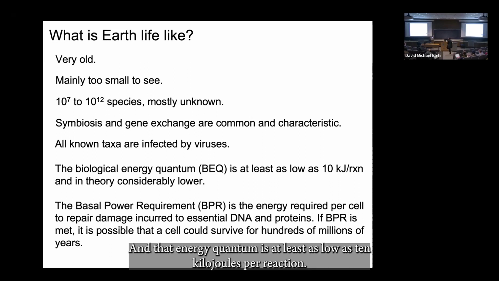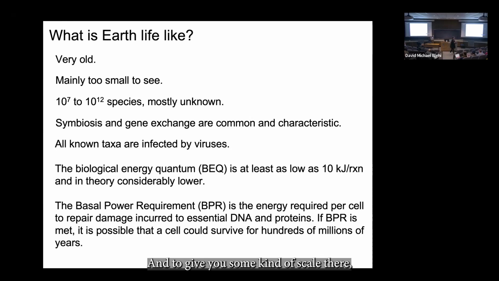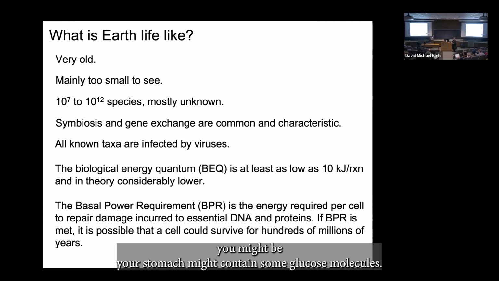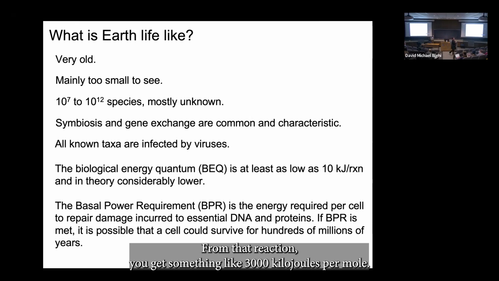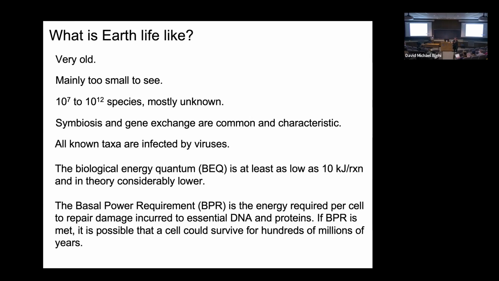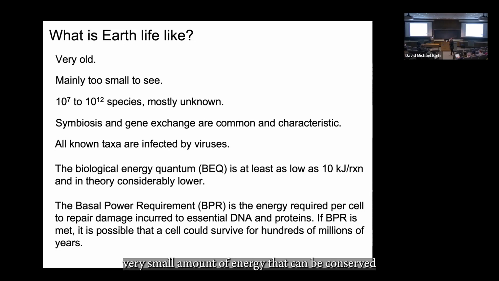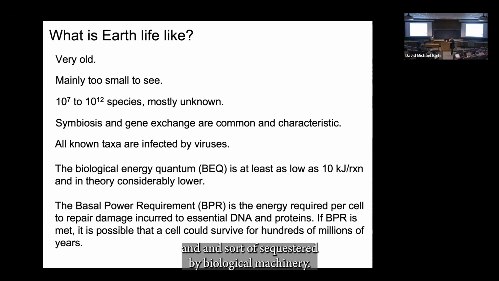And that energy quantum is at least as low as 10 kilojoules per reaction. To give you some kind of scale there, your stomach might contain some glucose molecules, you're breathing in oxygen, and your mitochondria are burning that glucose with oxygen. From that reaction, you get something like 3,000 kilojoules per mole. So we're talking about a very small amount of energy that can be conserved and sequestered by biological machinery.